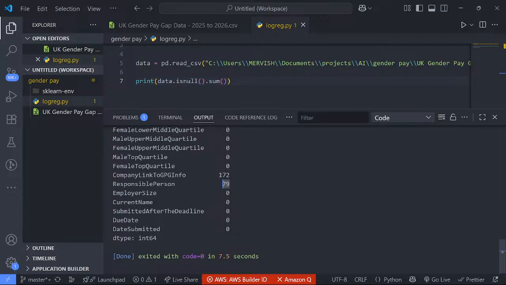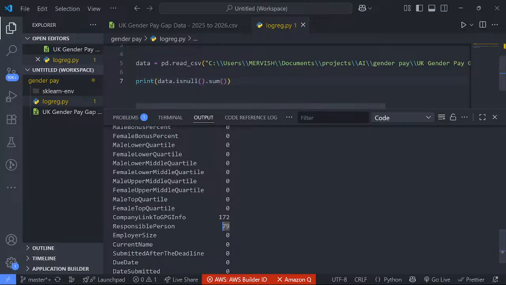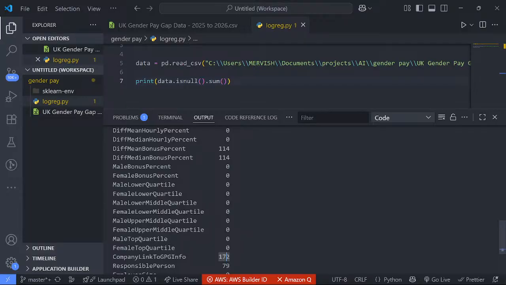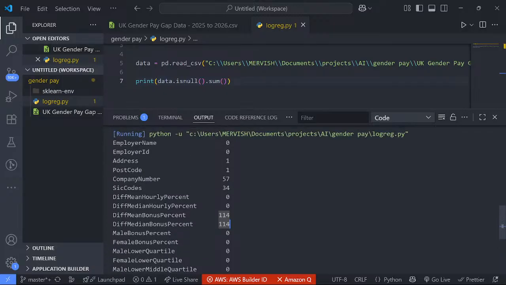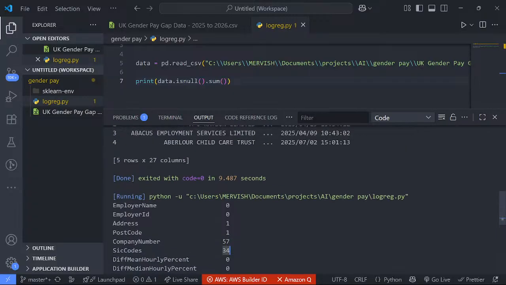Responsible person has, so I think it's like a column, right? Company link to page, okay. And differential mean and, okay, is it an important thing? Company name, postcode, doesn't really matter.